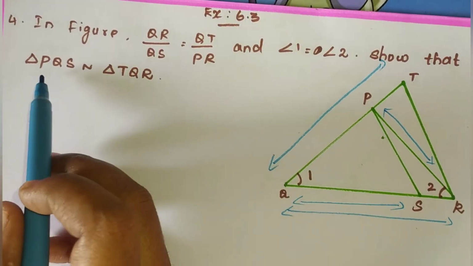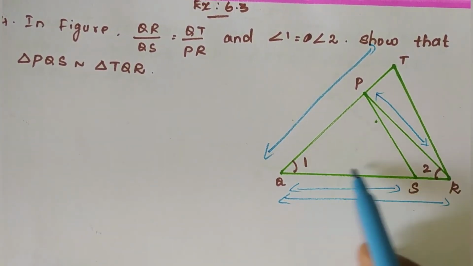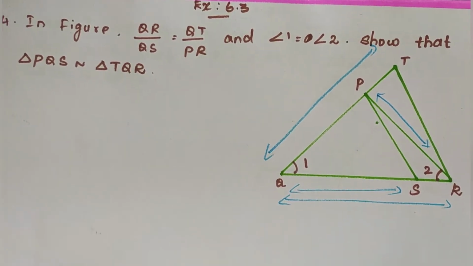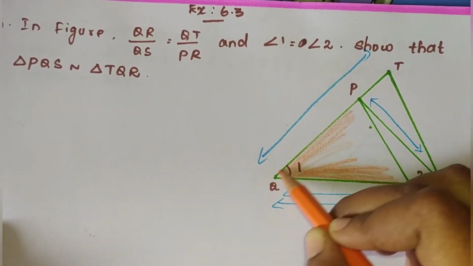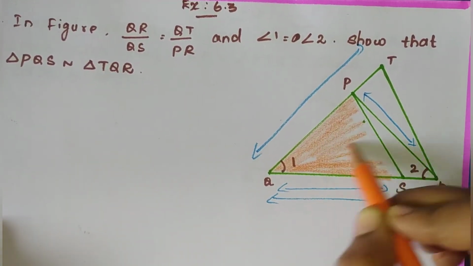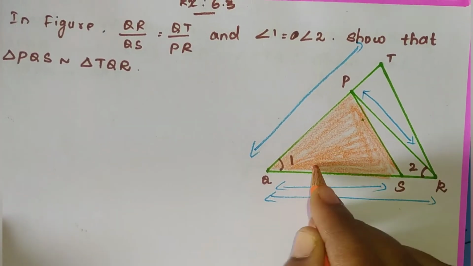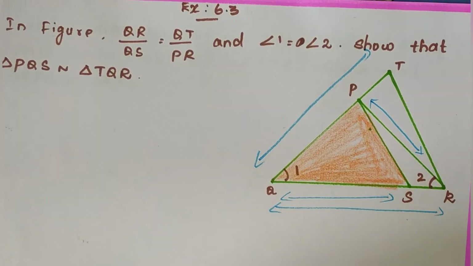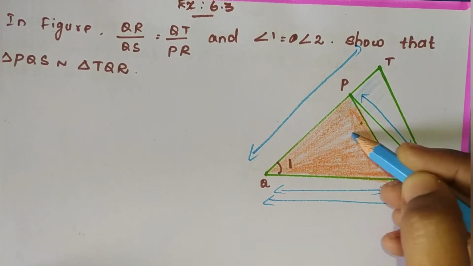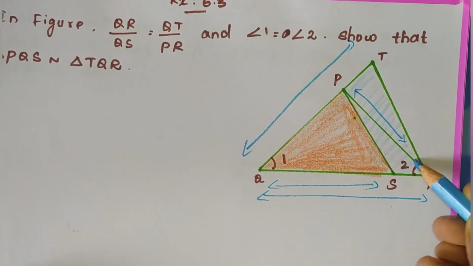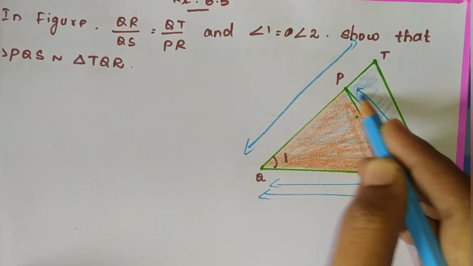You have to show that triangle PQS is similar to triangle TQR, the whole triangle TQR.